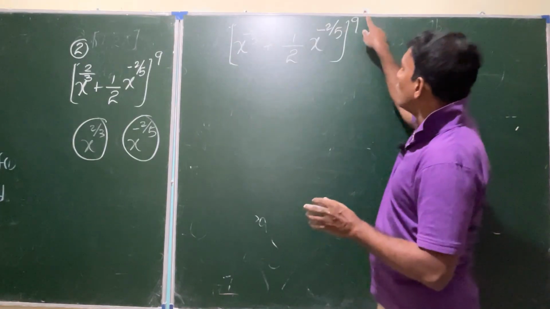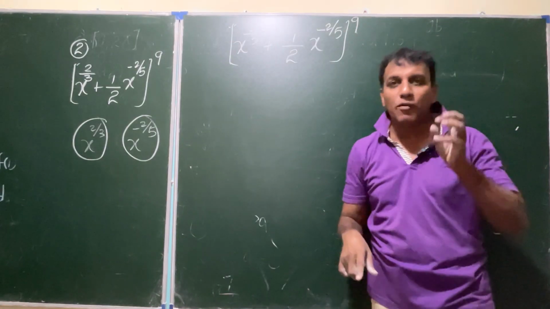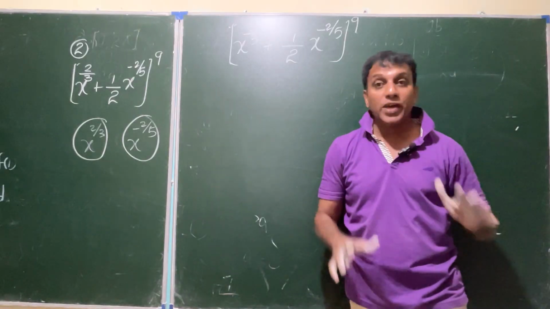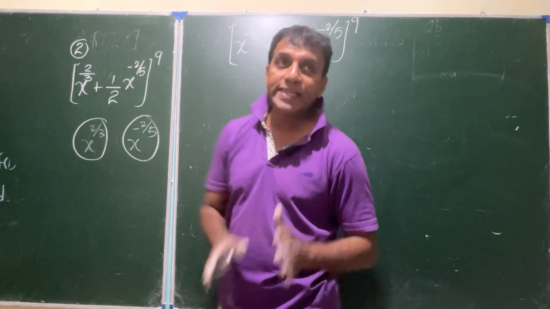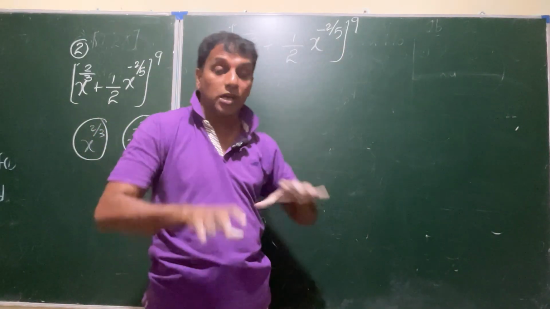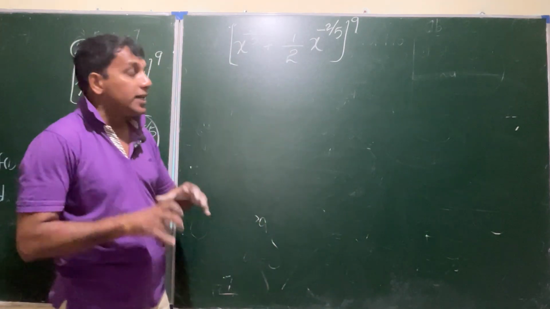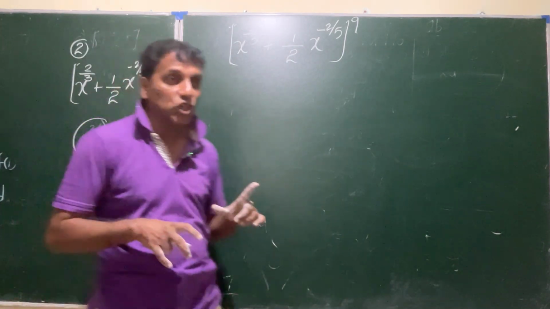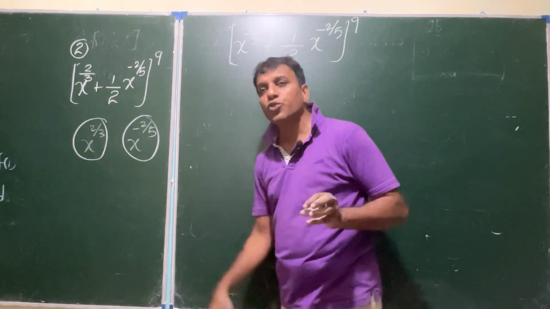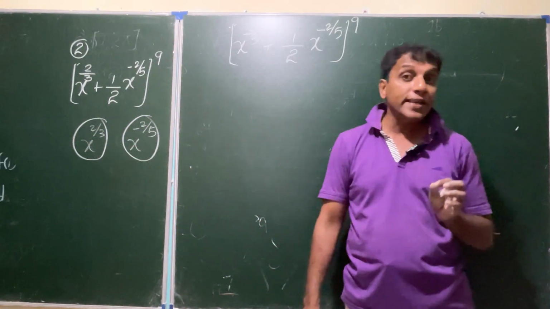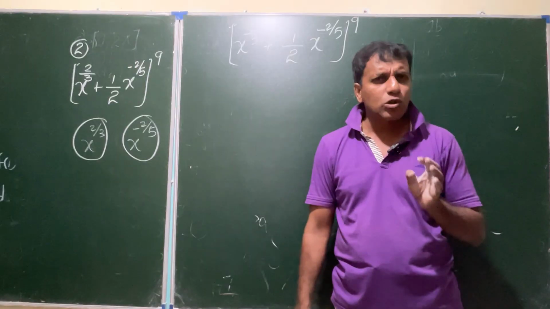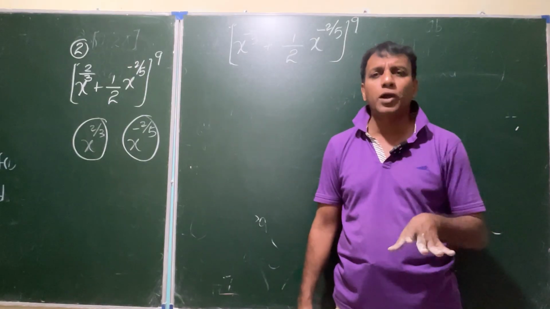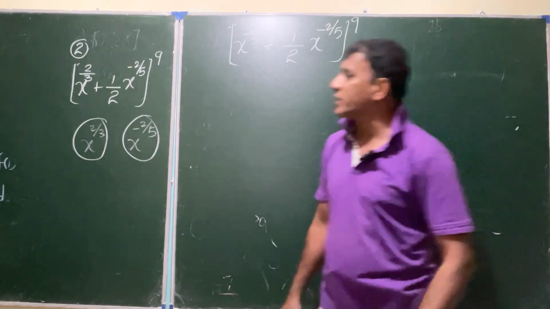When you expand, you know some basic information. Power 9 expanding, there are 10 terms. If you expand the power 9, 10 terms are available. So the summation of the coefficient of x to the power 2/3 and x to the power minus 2 over 5. For such a coefficient or term problem, we have to find a general term, right?